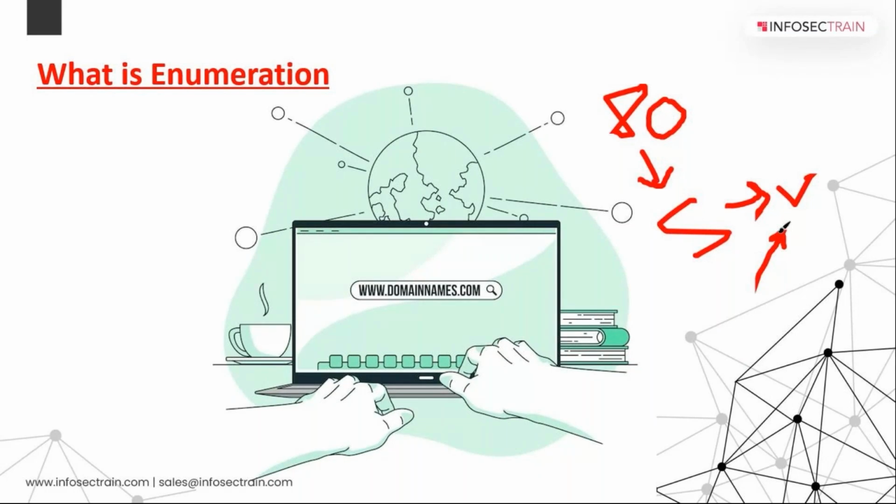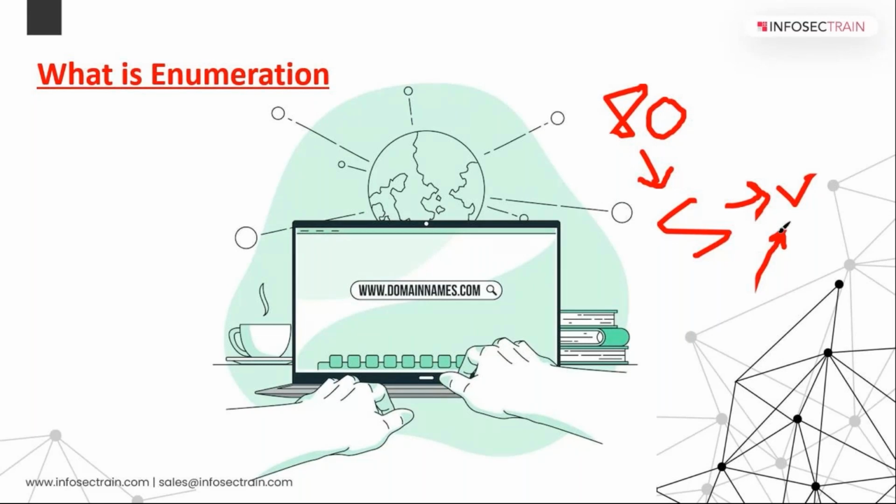That is enumeration, where we find more information about a specific port. This is just one example of it. I run an nmap scan, and I find that my target is using port number 80, in an open state.